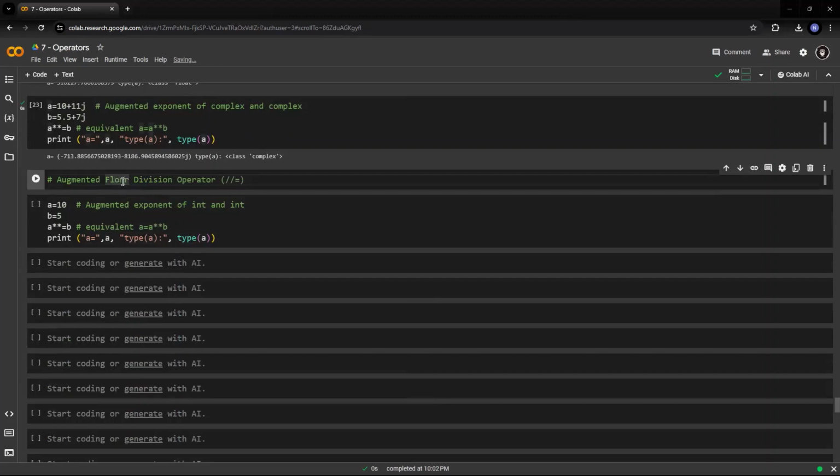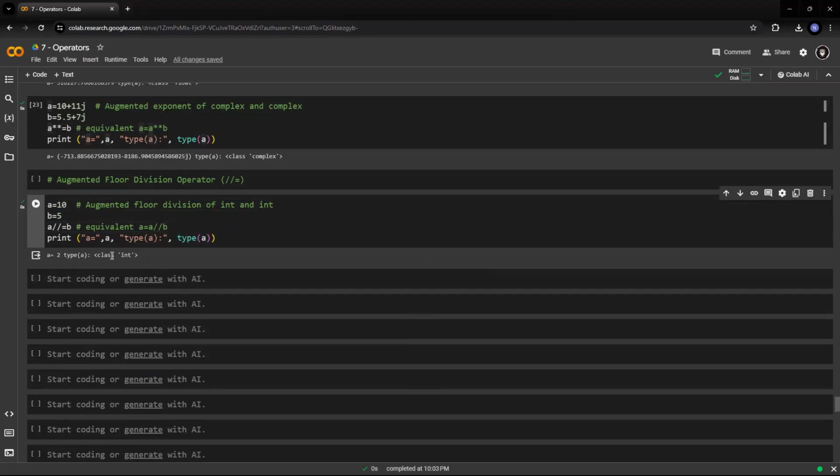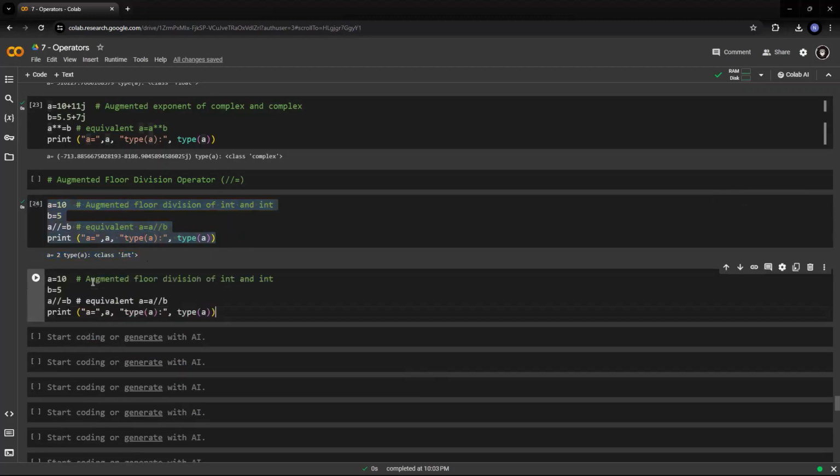Write it properly so that tomorrow if I share this with you, this is augmented floor division of int and int. So instead of double star, I have double forward slash, which is equivalent to a double forward slash b. Let's see what is the answer. So it is an integer. Two integers give an integer.